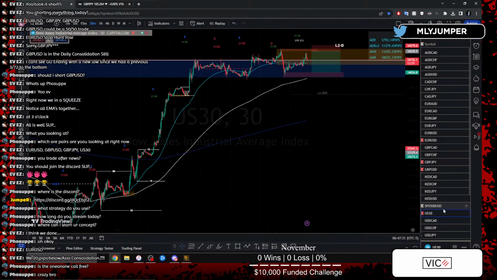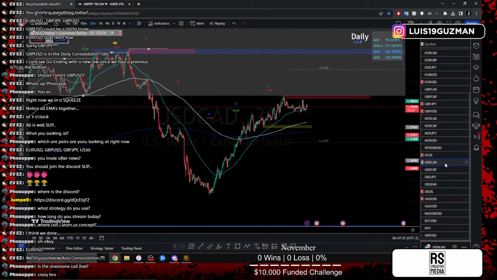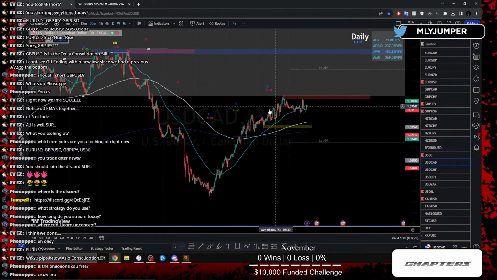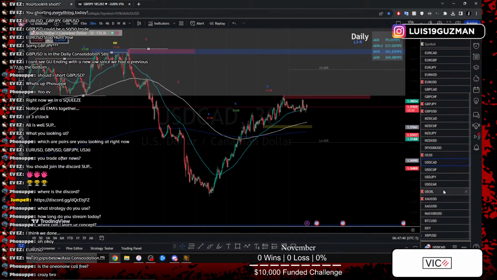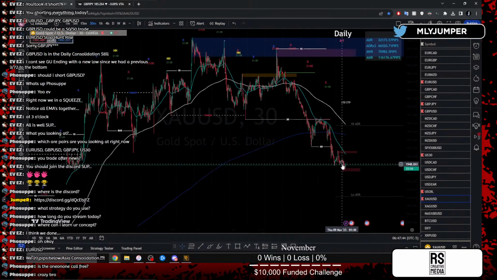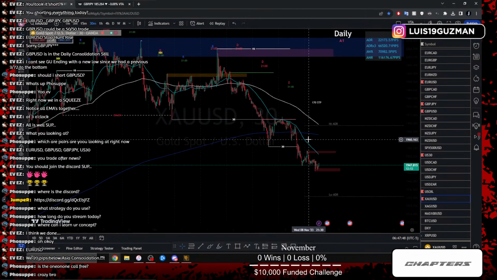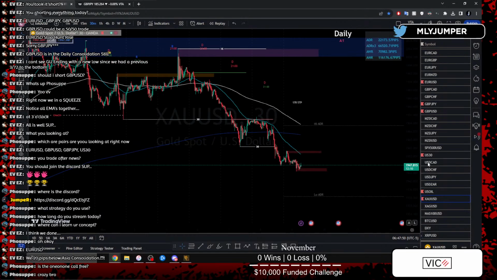US30 at the top, so I'm not really trading that. USD/CAD was at the bottom, right? We started the continuation, but we already have 3 days of rise. Then oil, and then gold, right? We were at the top, and from the top we gave the continuations to the bottom, and now we already have 3 days of drop on this one as well. So every pair is where it needs to be.